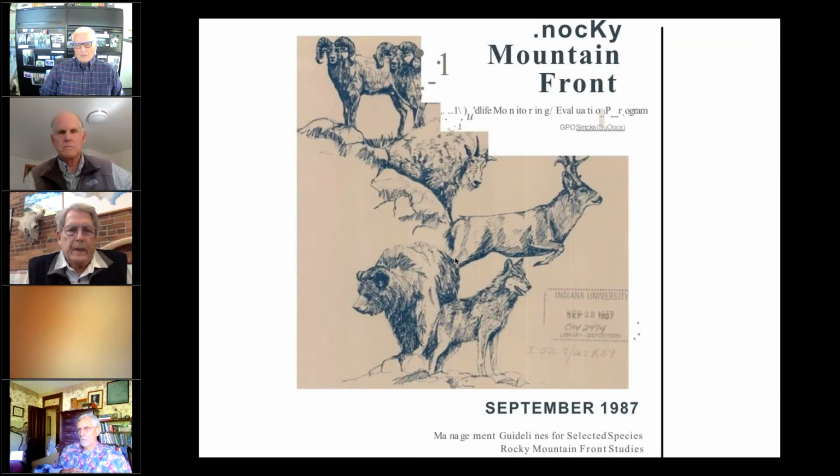Here you see, this didn't come out so well, but this is a Rocky Mountain front publication that was done. If you look in the lower part of this graphic, you see a date of September 1987. Management Guidelines for Selected Species, Rocky Mountain Front Studies.